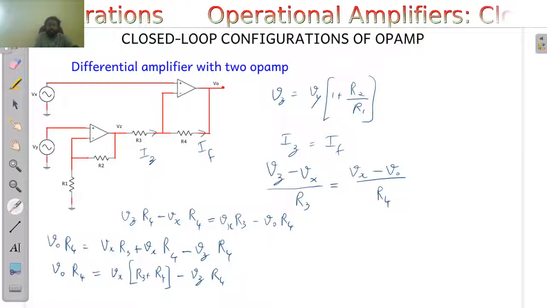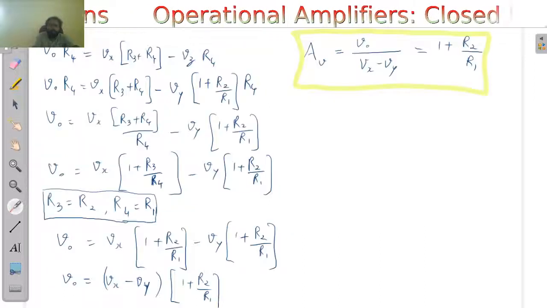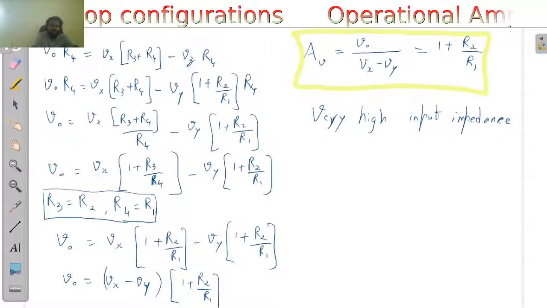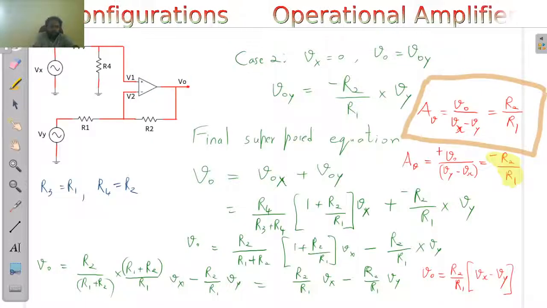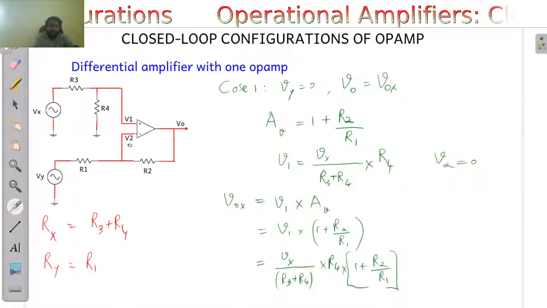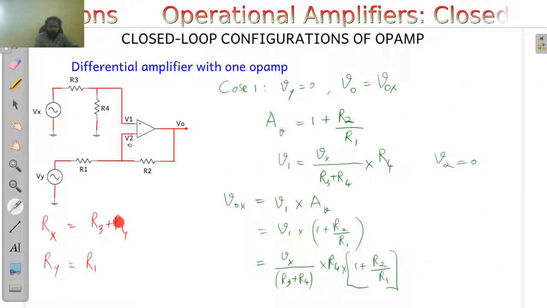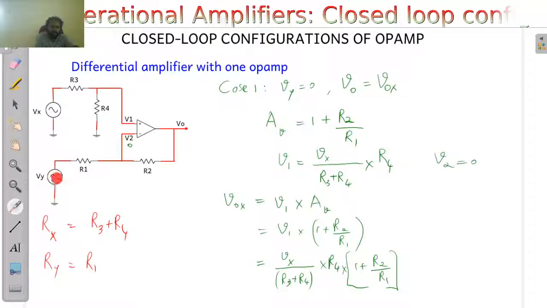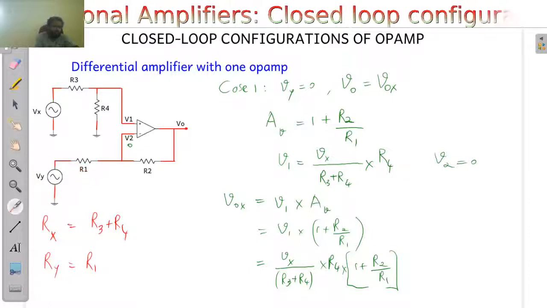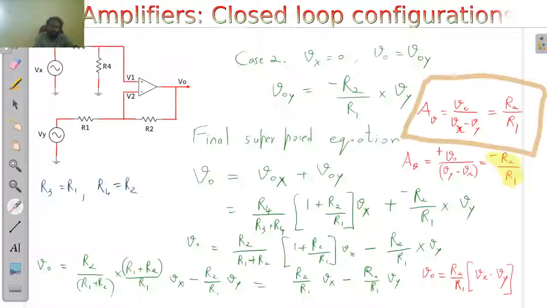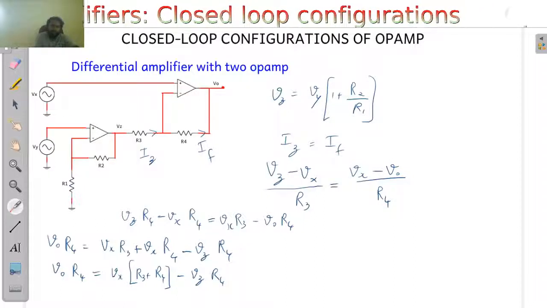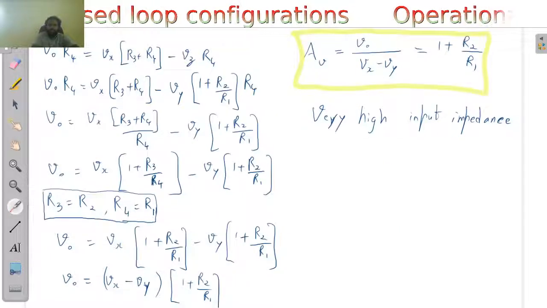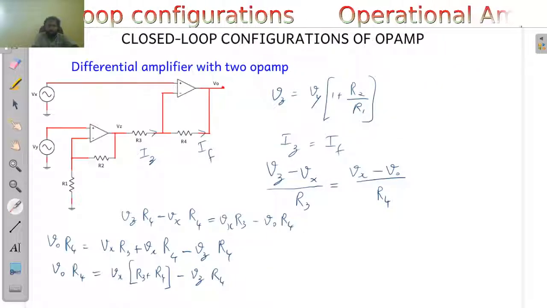Previously we had input impedances that differed: Rx is given by R3 plus R4, and the resistance felt by the Vy source is R1. Here there is no difference in input impedance. Both have the same input impedance. That is the advantage of using a differential amplifier with two operational amplifiers.